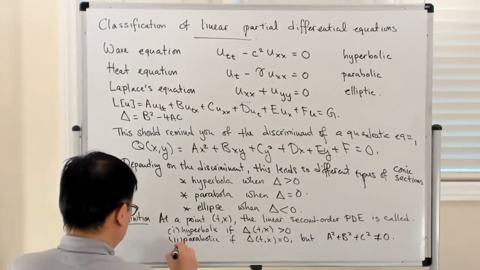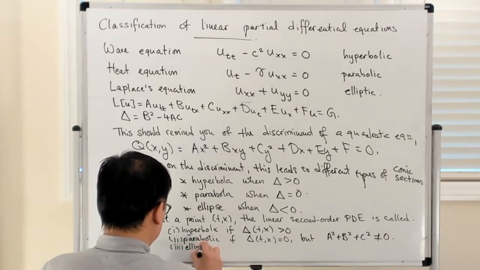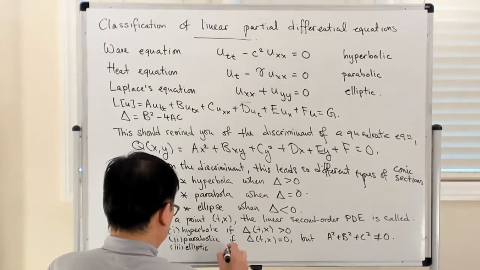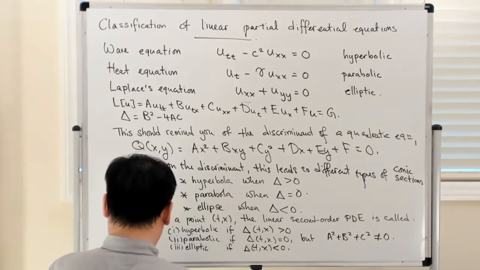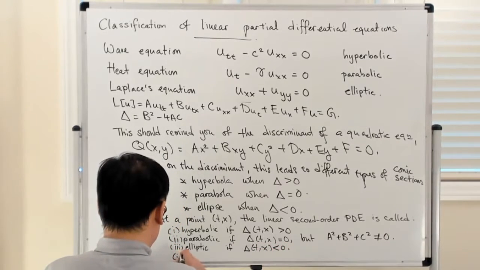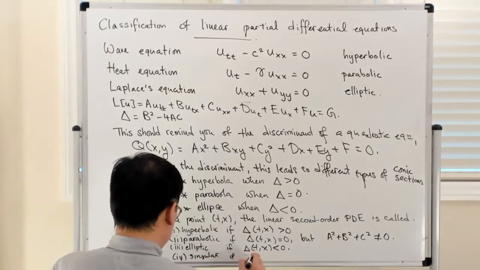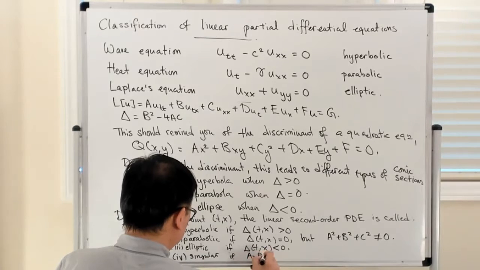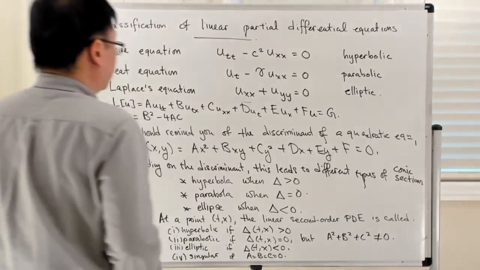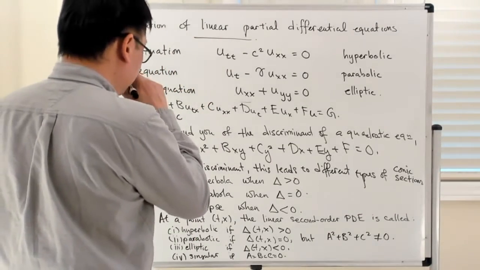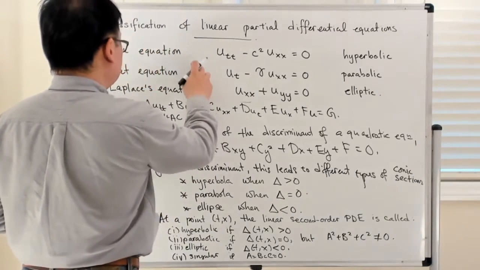Then the third case is elliptic if delta at Tx is less than 0, and then it's singular if a equals b equals c equals 0. All right, so now we're able to do something about these equations.